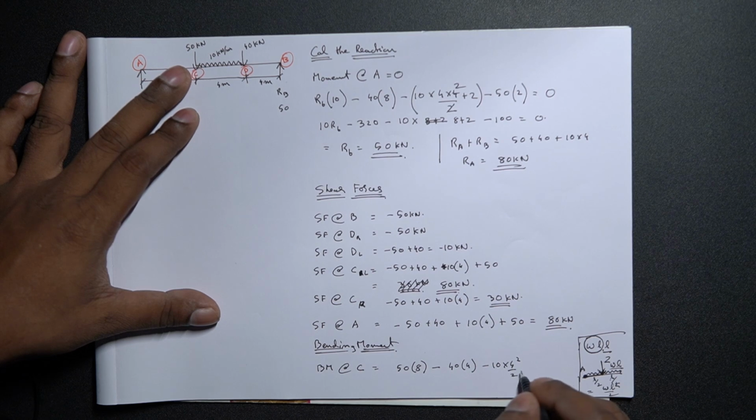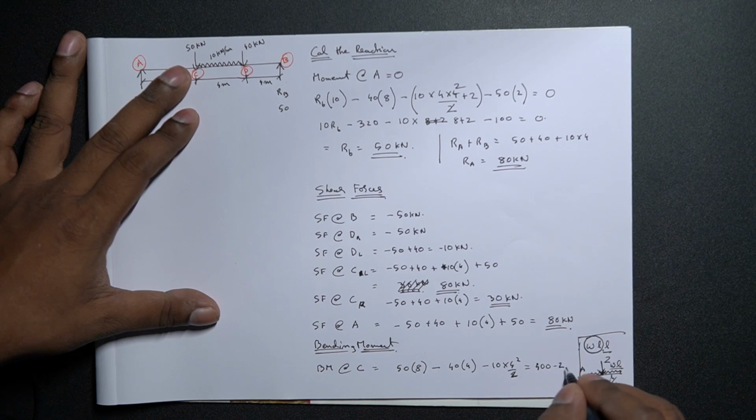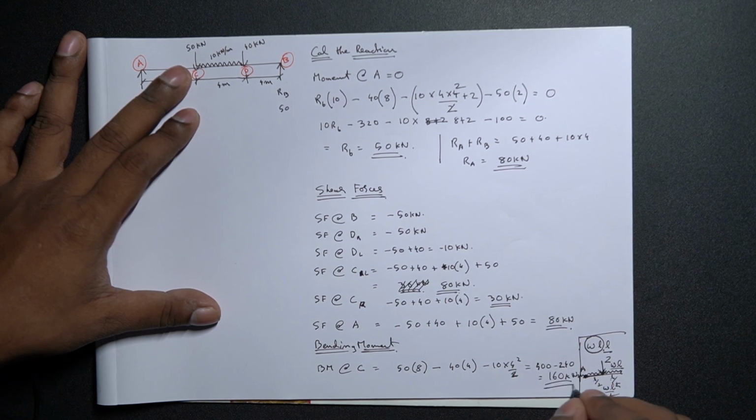Coming back, so bending moment at C, this would give us 400 minus 160 minus, this can go twice into that, so 4 twos are 8, 80. So 400 minus 160 minus 80, that would be 400 minus 240, which is 160 kilonewton meter.